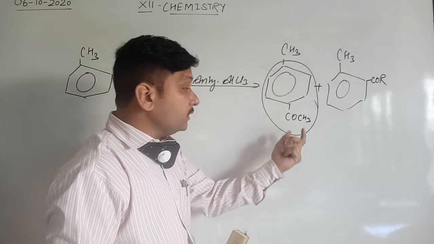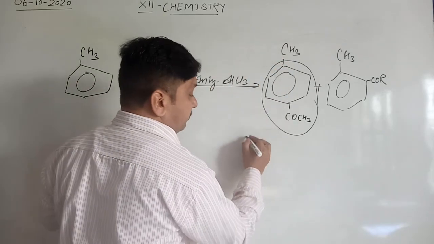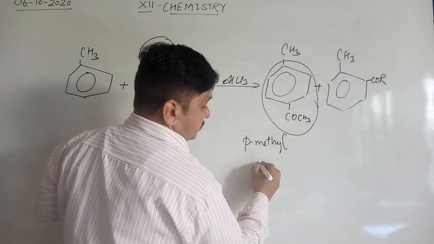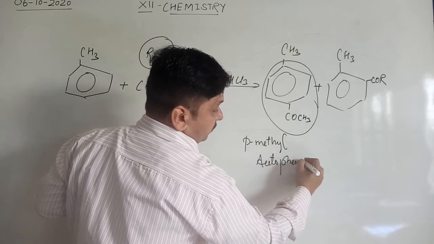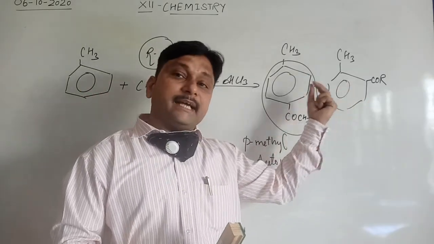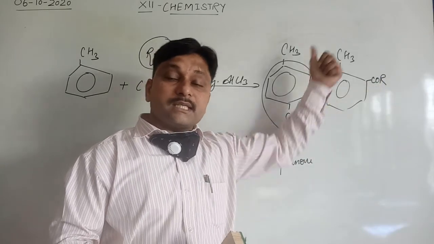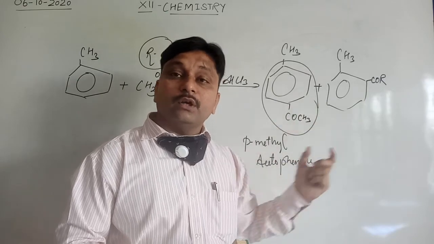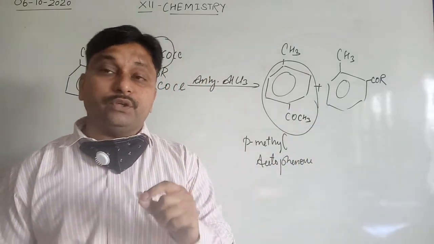Because it is the main group with respect to CH3CO, this is the para condition. So this compound is para-methyl acetophenone. Clear? And this is ortho-methyl acetophenone. Clear? So simply we can say benzene with COCH3 is known as acetophenone.